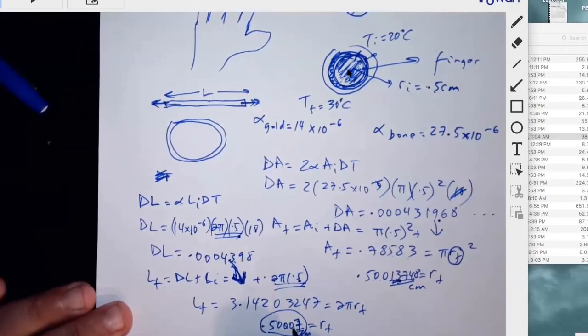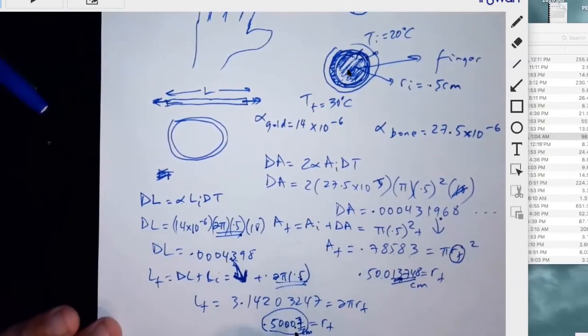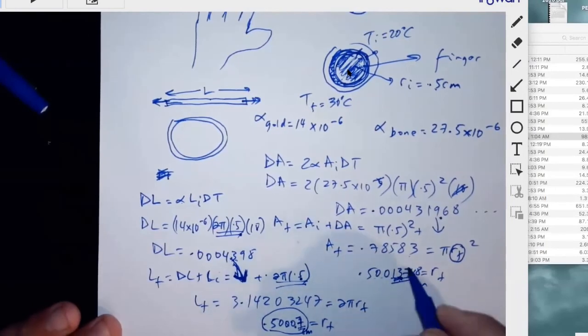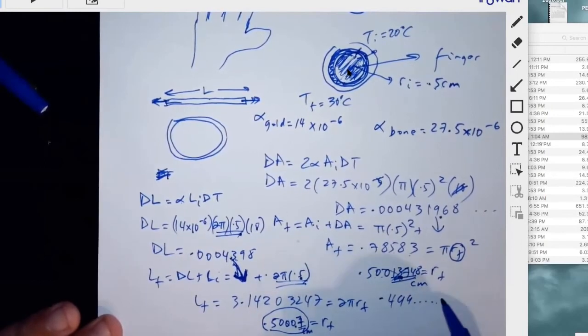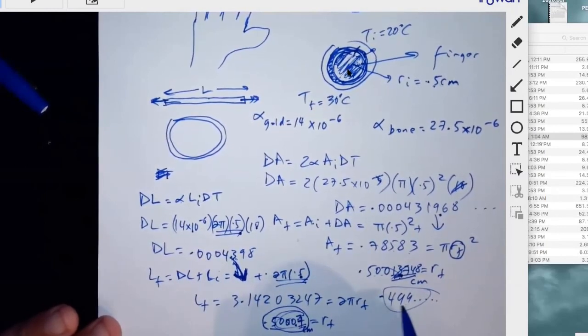You get the idea? Even if I'm not talking about blood vessels, all that stuff, just simply from the bone point of view. If we had cooled the finger and cooled the ring, this number would have been less than 0.5, maybe 0.49 something, but it would have been a smaller number than this, right? The finger would have contracted more.